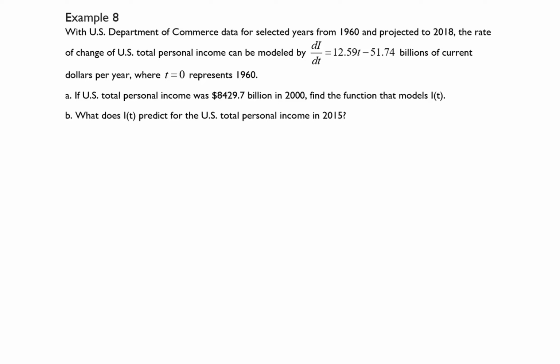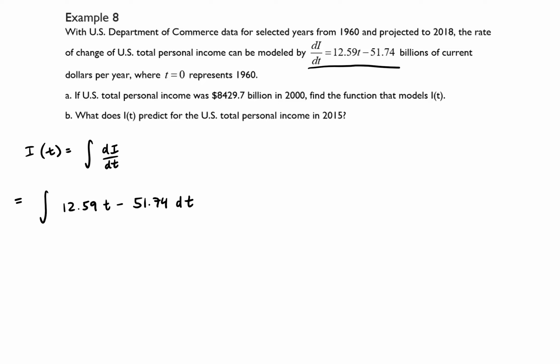So we have the derivative here, and in order to find I of t, that is going to equal the integral of dI/dt. And so that's going to equal the integral of 12.59t minus 51.74 dt.